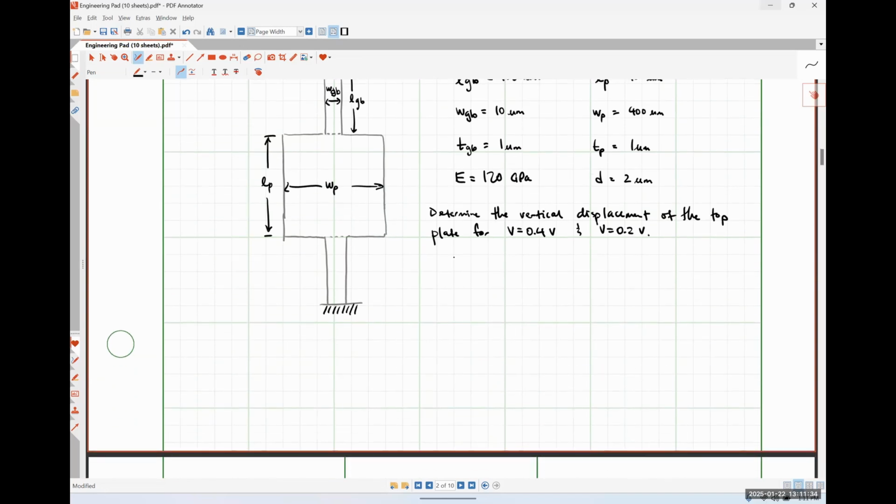So for a guided beam spring, this is going to be 12 EI over our length cubed. Okay.